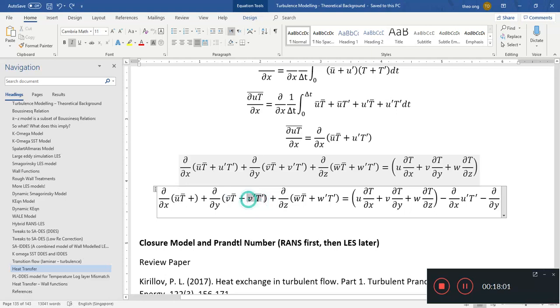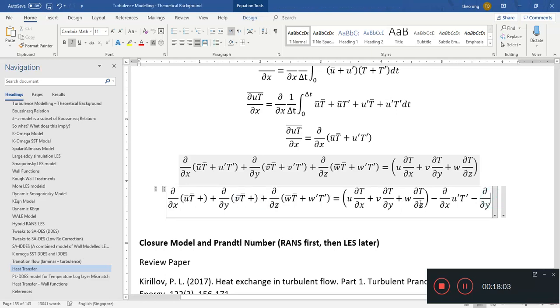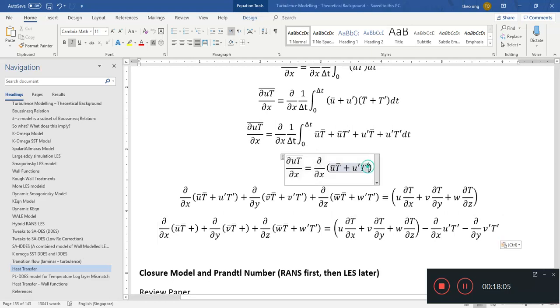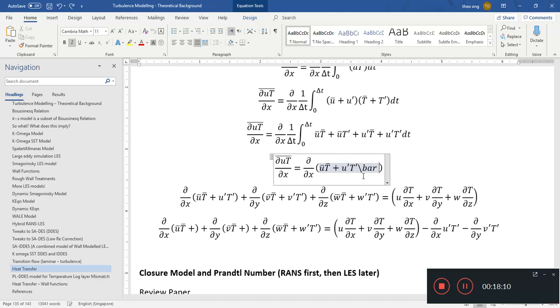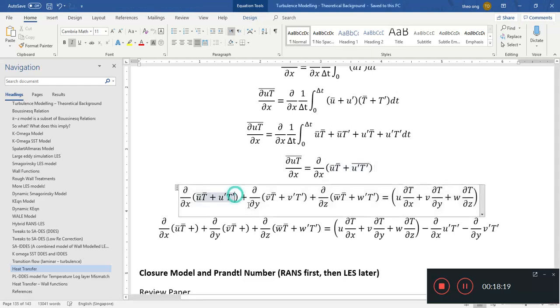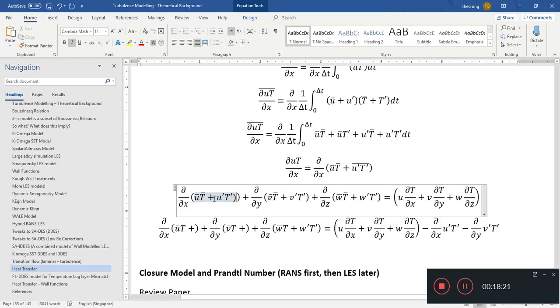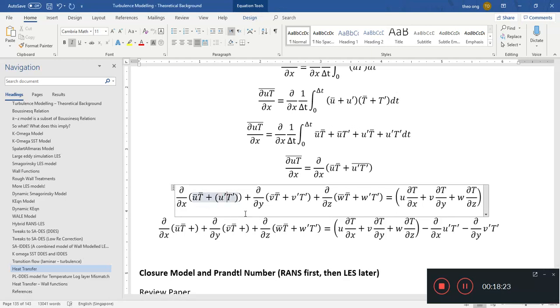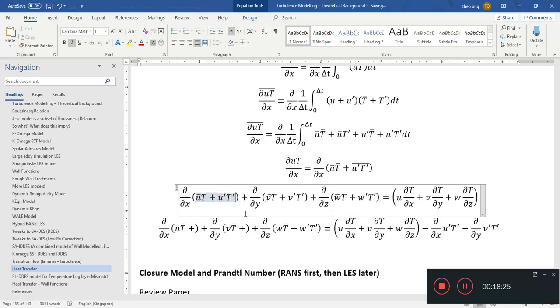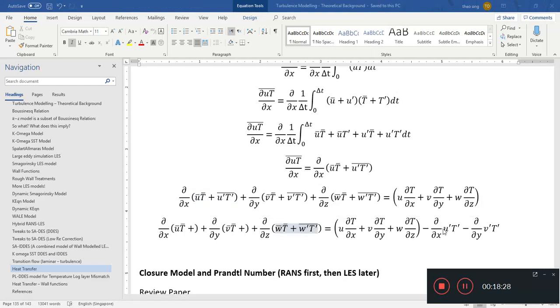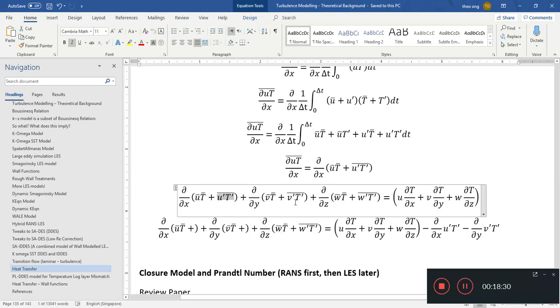I forgot one more important point, which is I needed to filter them, or rather average them, using the averaging notation. Let me average it out. I'll just fast forward and average it out so that you don't have to look through it.